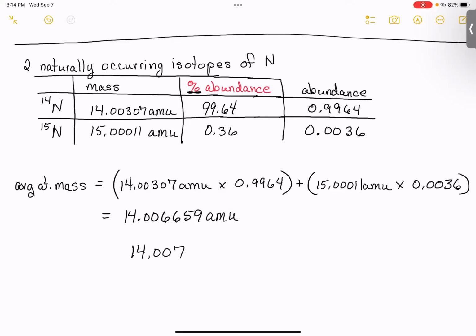Now, folks, I will warn you, this isn't exact. Depending upon which table I get my atomic mass unit for each isotope from determines the exact calculation, but you're going to get pretty darn close to what's over there.